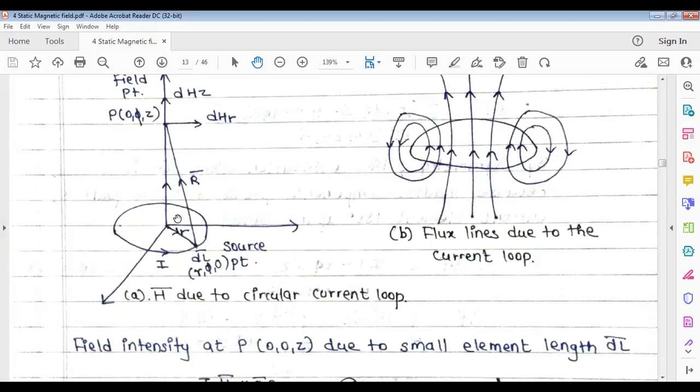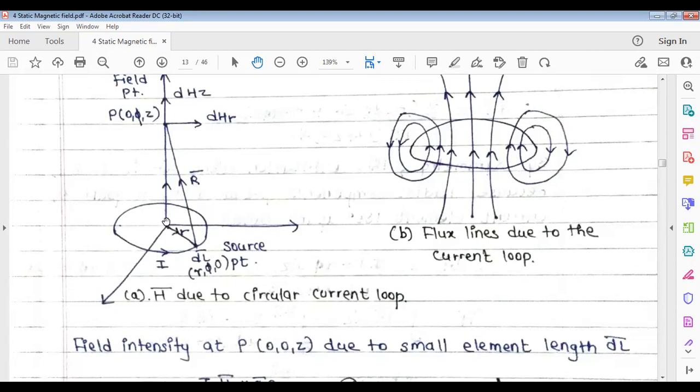When you go in all directions, everywhere the radius is the same. At each point of this filament, the radius will be the same from the origin. So everywhere there will be a component of this radius r, and the unit vector in the direction of that radius is nothing but a bar r.